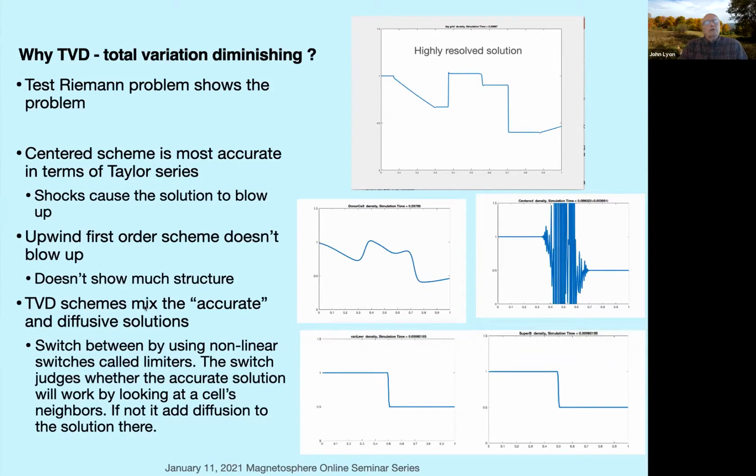So how do we fix this? What TVD schemes try to do is to mix the accurate and diffusive solutions. And they do this by using a nonlinear switch. It's called a limiter. And the switch tries to figure out when you need to switch from using an accurate solution to one that's diffusive enough to keep things under control.